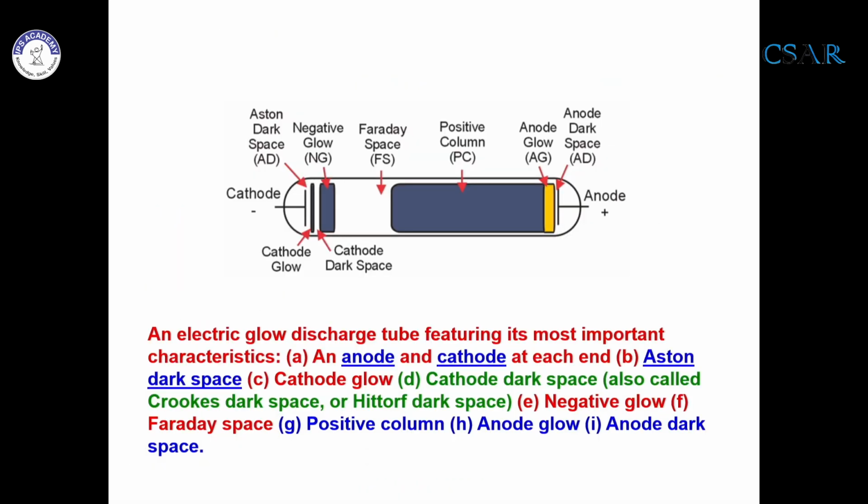Of course, we are not going to discuss too much about these things, but for the sake of completeness, I just want to tell you that there are different regions that are formed.